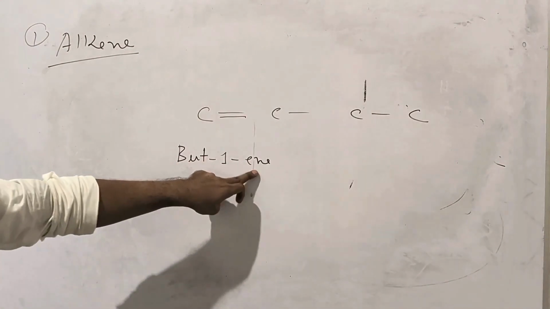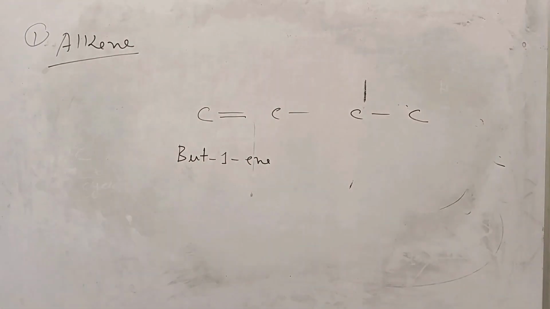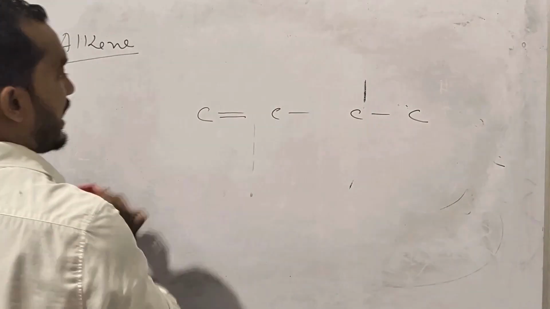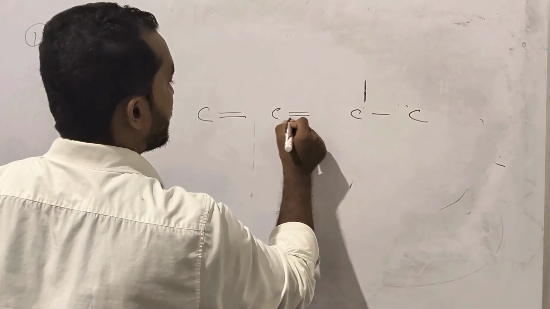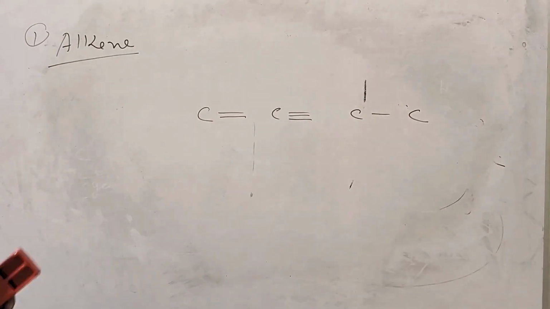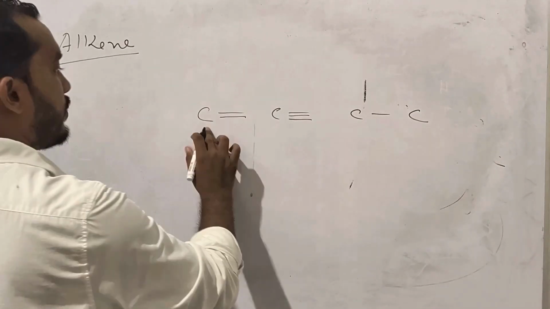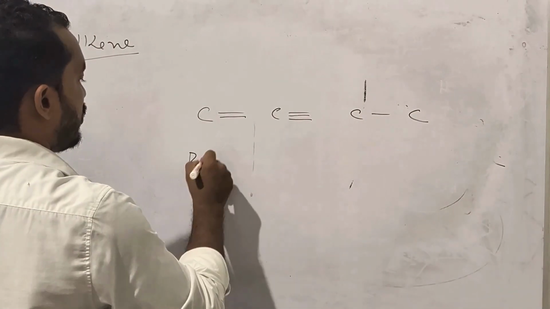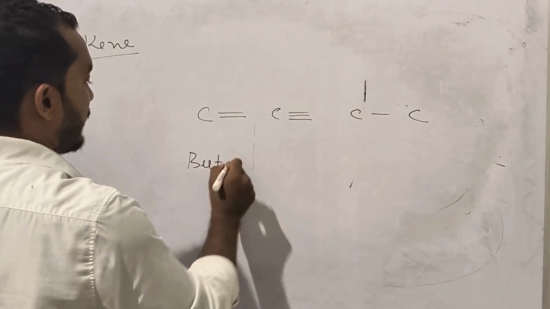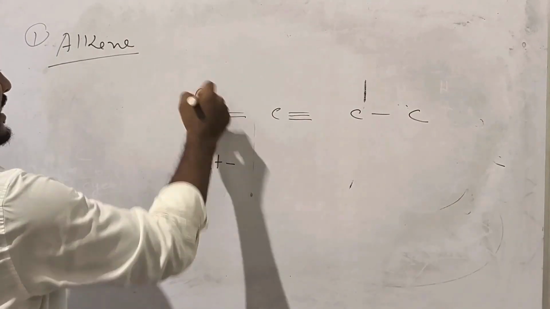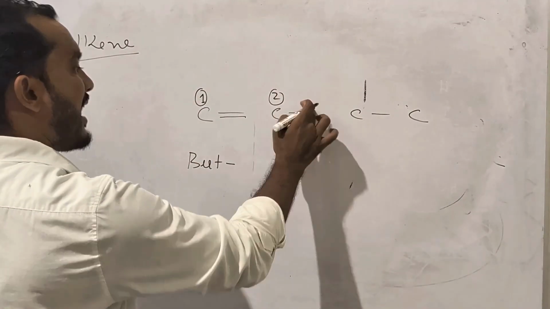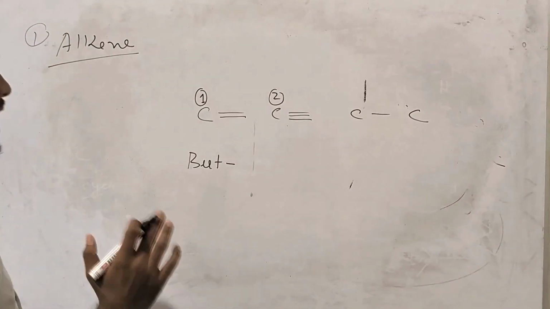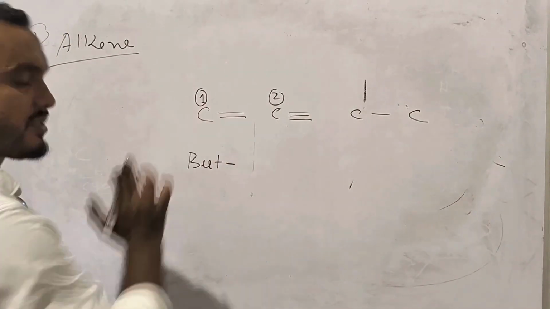But 1 ene. Okay. Now, if again I give, suppose, a triple bond here, the chemical name will be, 1 2 3 4 carbon is there, so but. Now see, in the first carbon there is alkene, in the second carbon there is alkyne, because triple bond is there, so alphabetically E comes first.